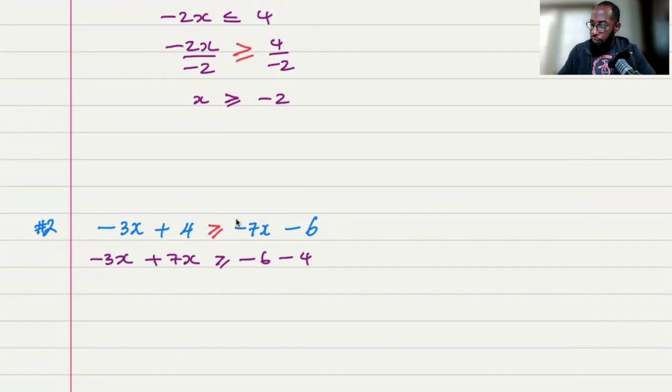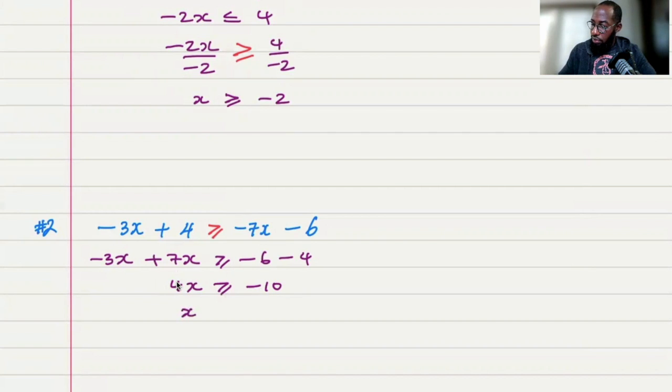So we have 4x is more than or equal to negative 10. All right, 4x is more than or equal to negative 10. Now we have to divide both sides by the coefficient of x, which is positive 4. If you divide by a positive number, the direction of the inequality sign remains the same.